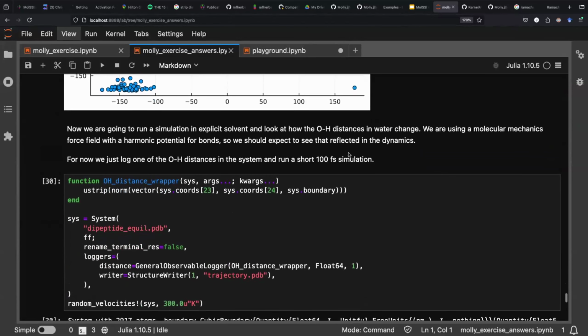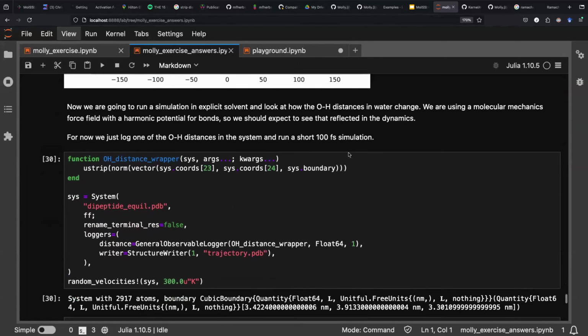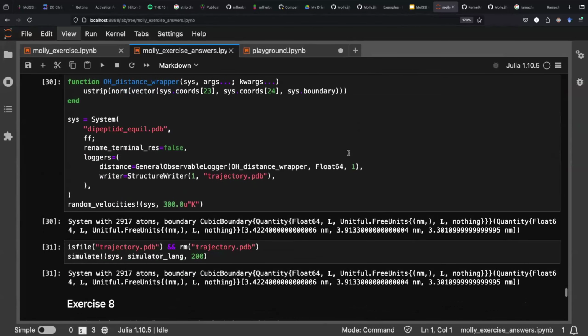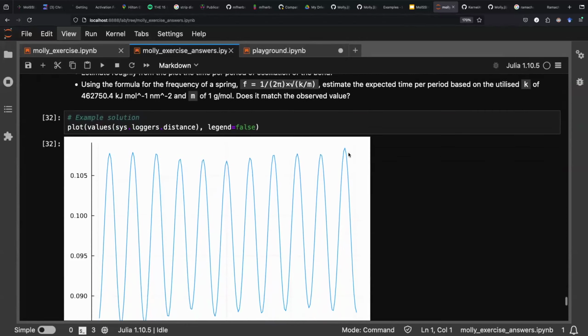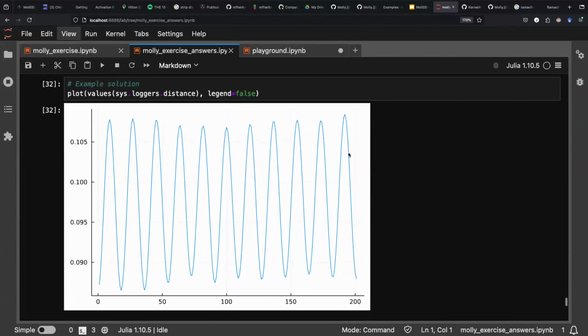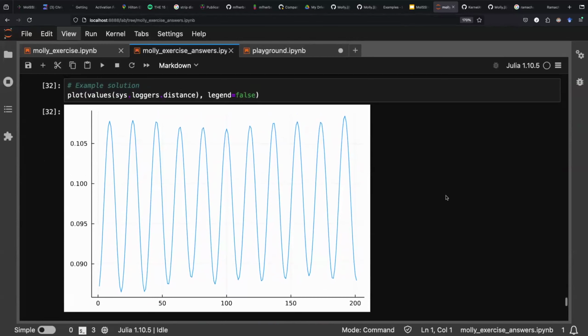Okay, so we can log one of the oxygen-hydrogen distances and run a short simulation. And then when we plot the distance over the course of the simulation, you should see something like this. So this is harmonic, roughly, which shouldn't surprise you because we're using a harmonic bond, okay?